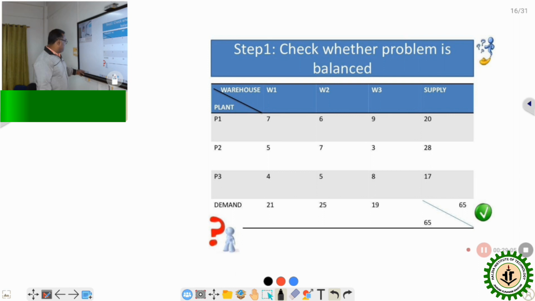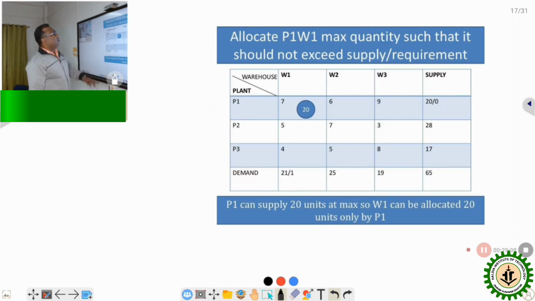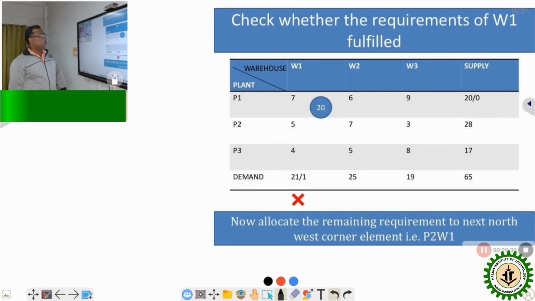Okay. Next, what is the northwest corner? This place is the northwest corner. So available amount is 20, demand is 21. So we go for the allocation of 20 unit here. Rest amount is here. This is 1. So what is the next step?